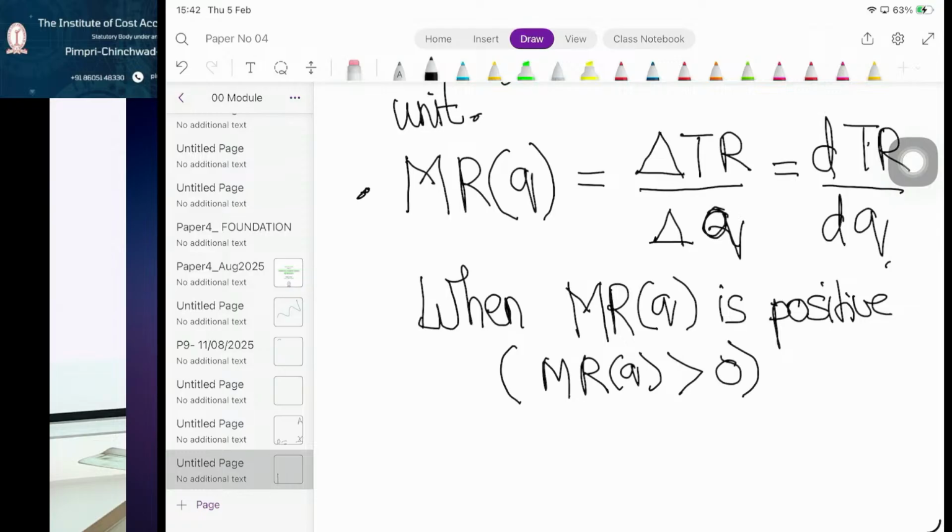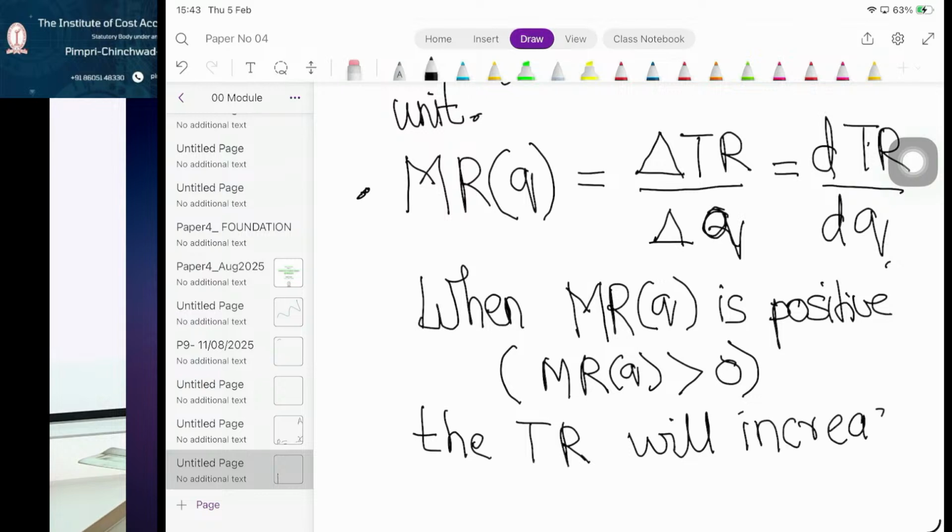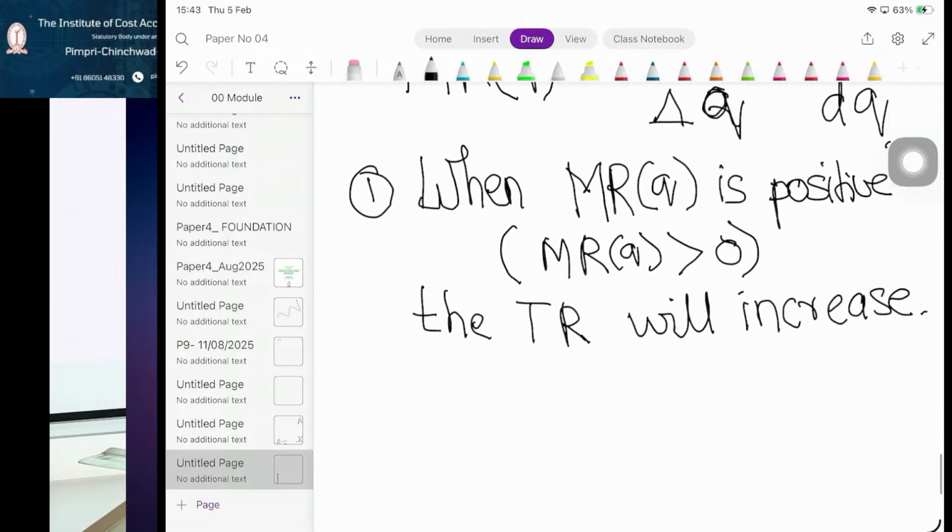When marginal revenue is positive, the total revenue will increase. The total revenue will increase. Got it? Now write the second thing.